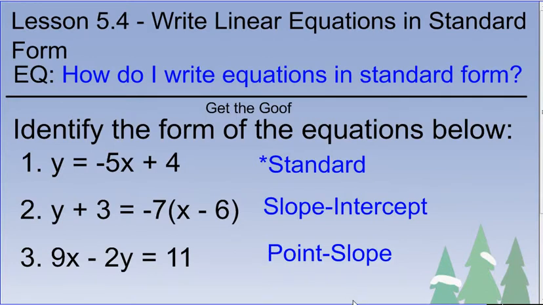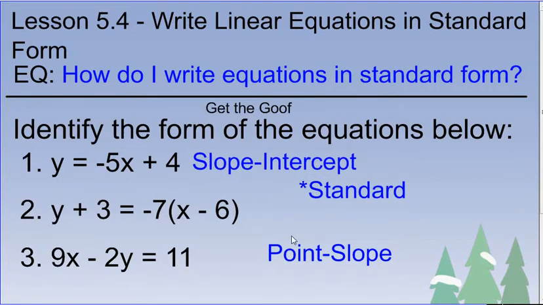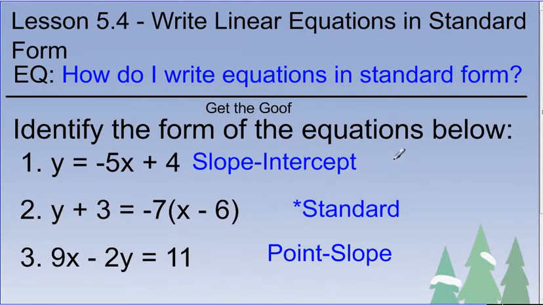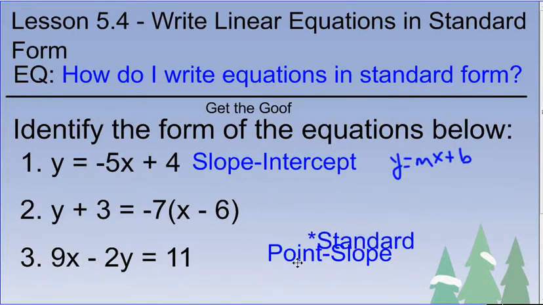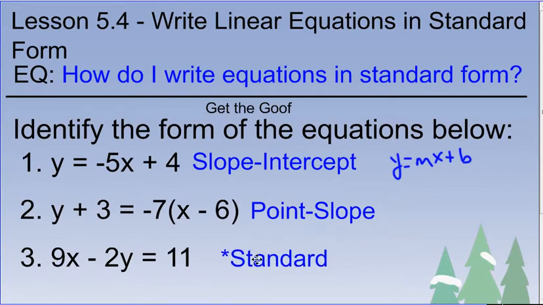So we've done slope-intercept. That's the one we've done a lot of. Slope-intercept looks like y equals mx plus b. We've seen point-slope, that one.